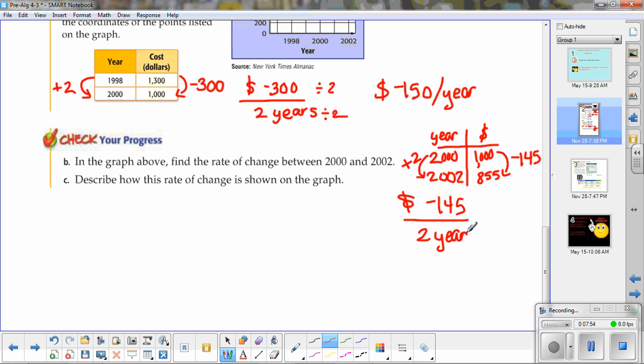And you can break that down for 1 year by dividing by 2. 145 divided by 2 is about negative 72.5. Since we're talking money, I'll put 72.50 per year, which means it went down $72.50 per year. And how is that shown in the graph? It is a line slanting downward.